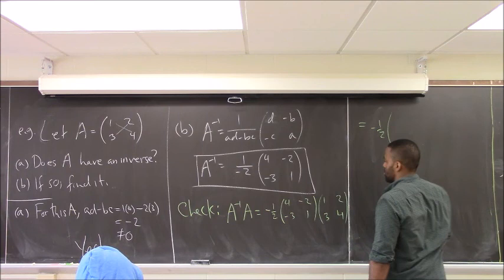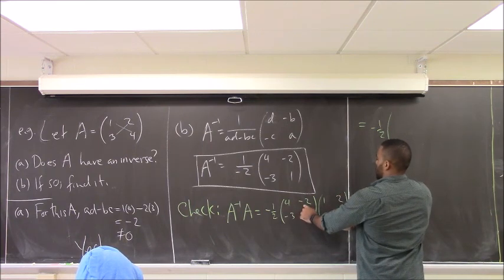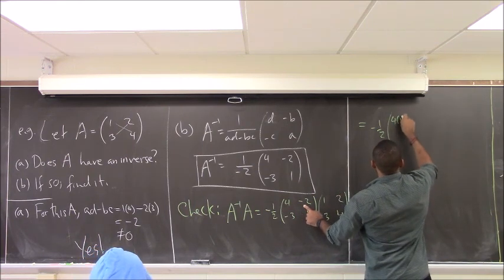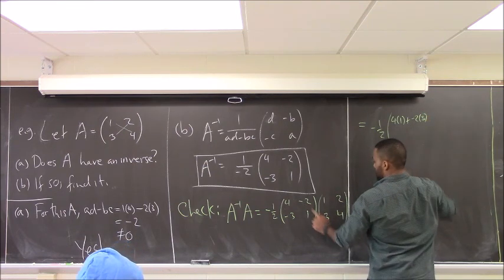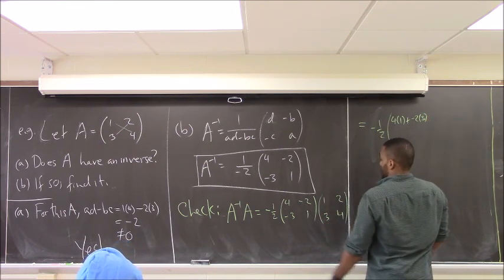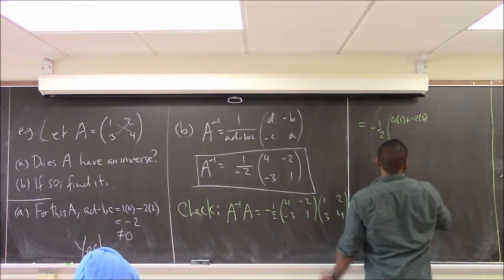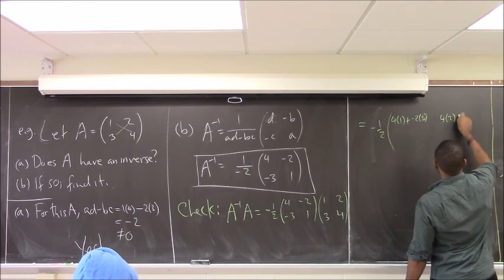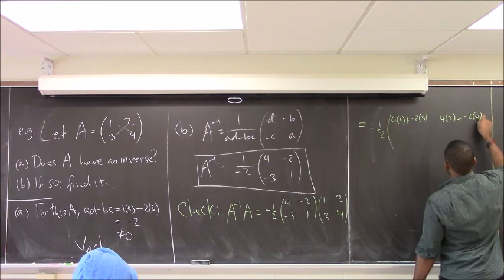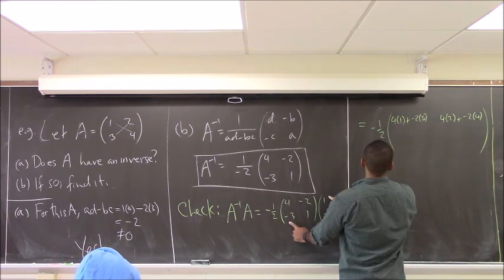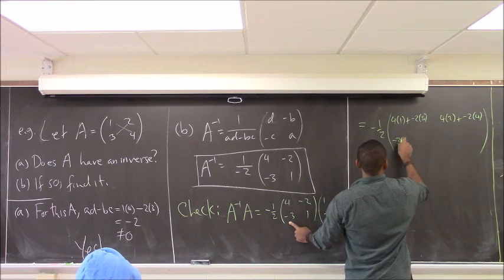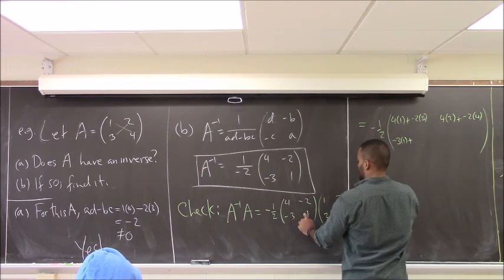Rows times column. 4 times 1 plus minus 2 times 3. Then we're going to have 4 times 2 plus minus 2 times 4. Then we're going to have minus 3 times 1 plus 1 times 3.